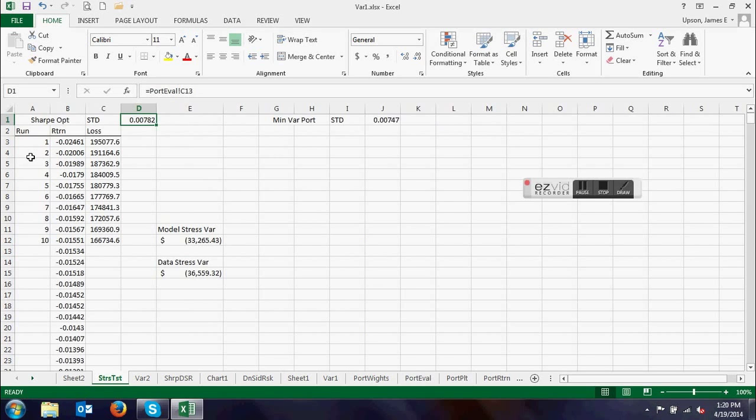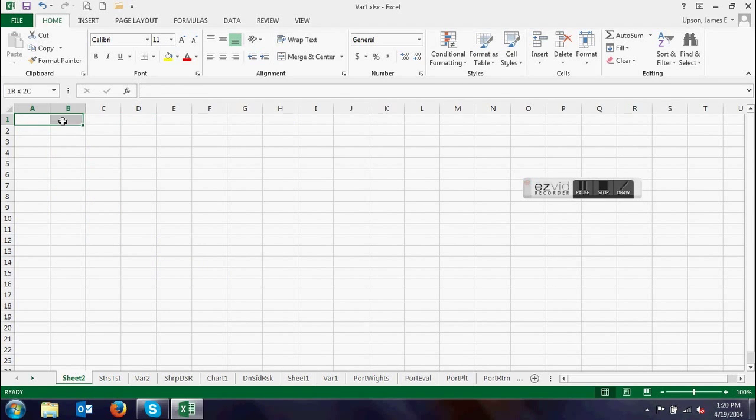In fact, you're going to be required to do it based on both. So we're going to create a random number generation based on just the standard deviation. I'm going to do it based on the expected standard deviation in this one.